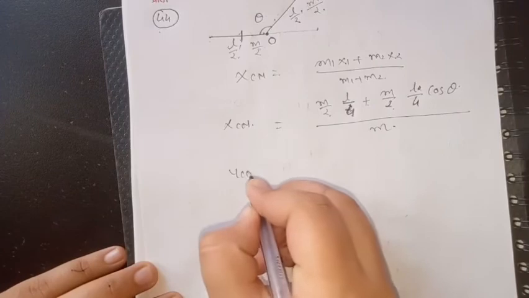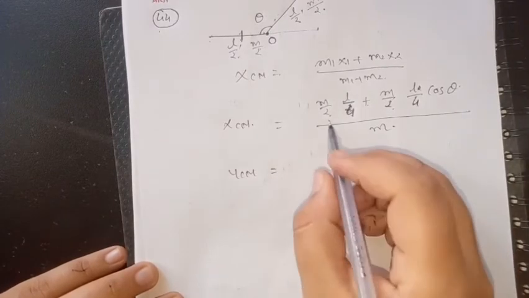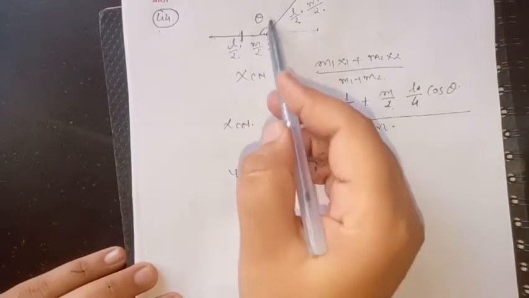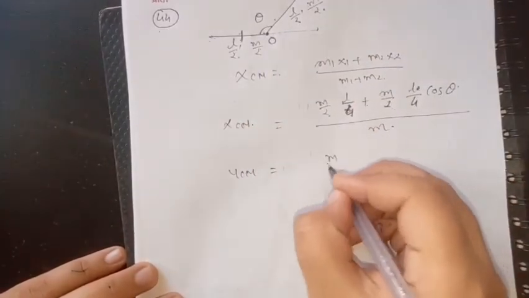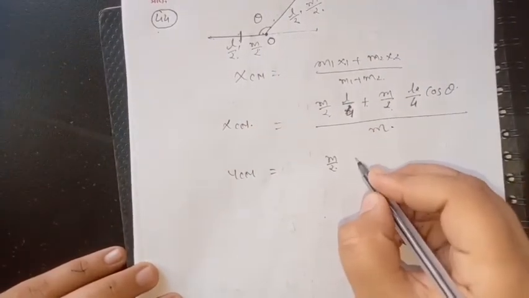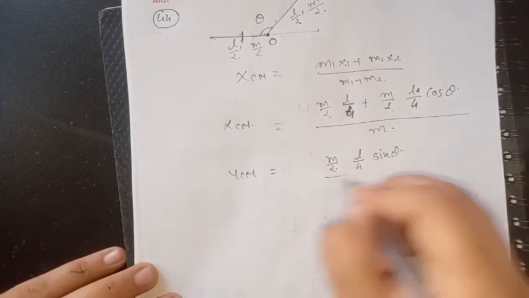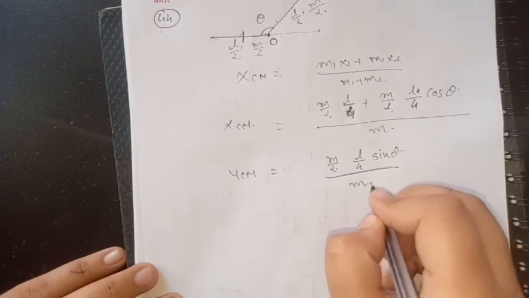For YCM we will write, for this y coordinate is 0, so only this rod is considered. Mass is m by 2 and y coordinate will be L by 4 sin theta divided by total mass of the system.